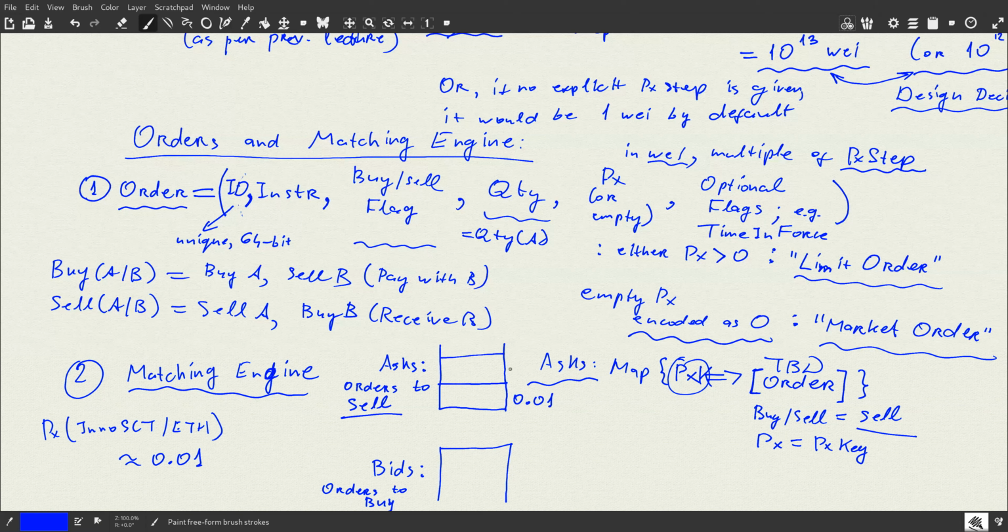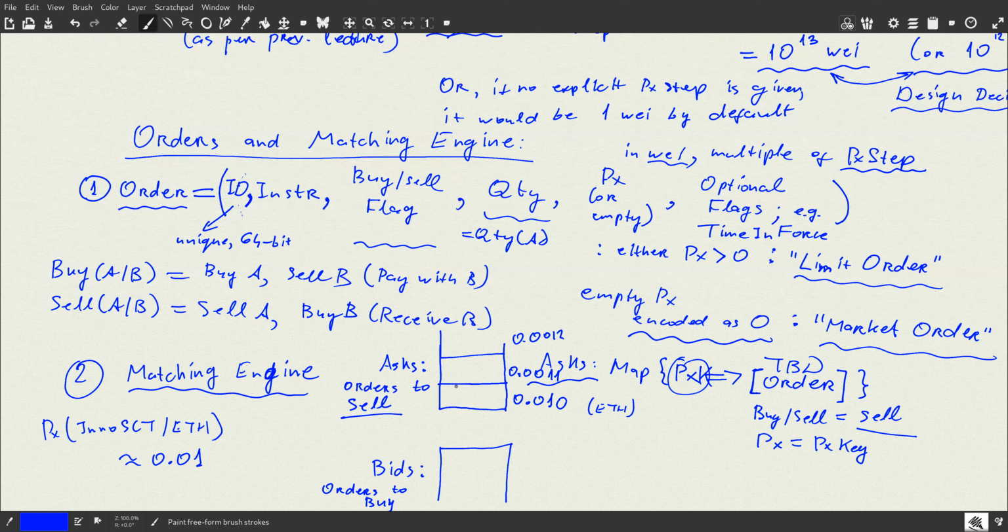The next price level would be 0.0011. The next one is 0.0012. In this case, obviously, the price step is 10 to the minus 3 Ethereum. I put it in Ethereum, but you will convert it into wei. Just for convention, I write it as Ethereum. Otherwise, I would have to put 10 to the 12 or something like that, which I don't want.